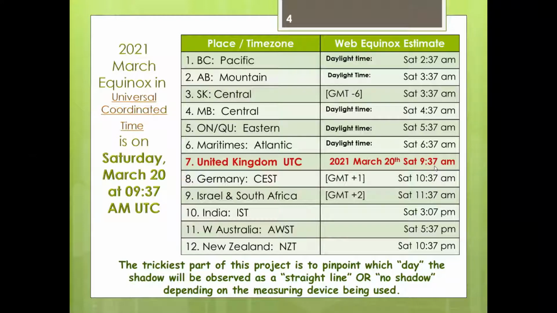So we're looking at a full 24-hour period. But the way I understand it, 9:37 is the point where the sun actually intersects that angle there, okay? So here's the question. Is this the day that the United Kingdom sees the shadow? Because it's definitely light for them at this point in time.